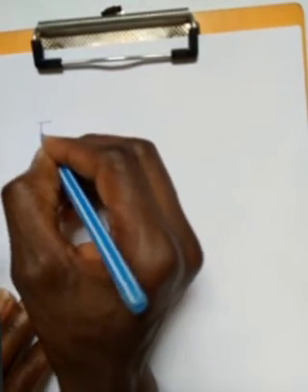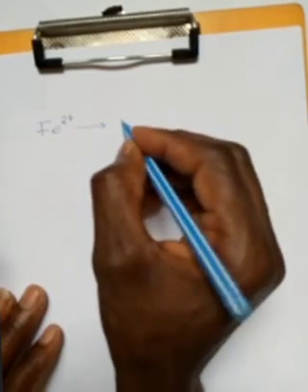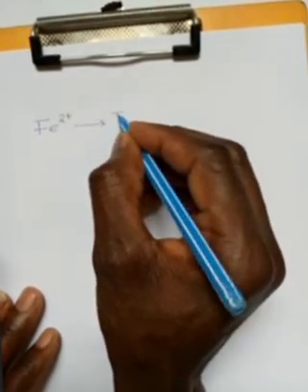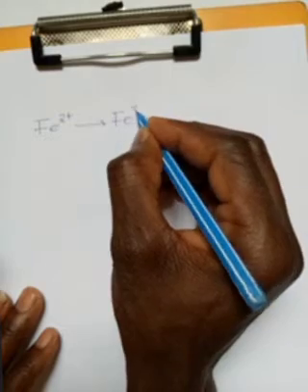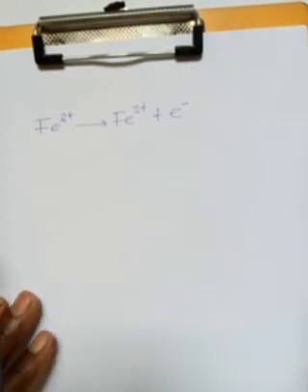All right. So we have two different half reactions here. The first half reaction, if you check, we have Fe2+ equal to Fe3+ plus an electron at this given point.